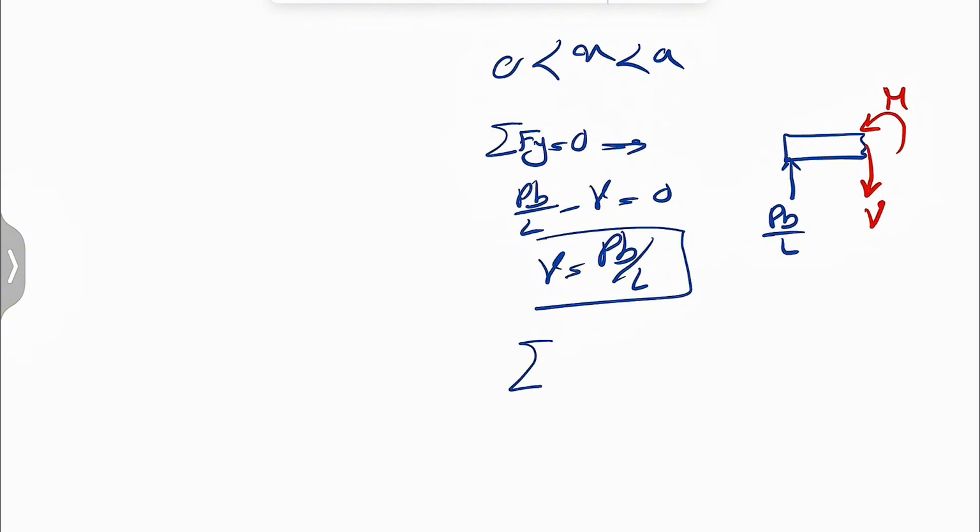And let's find our moment about this point. We can call it whatever we want. Maybe we can call it D, because we have ABC. Sometimes you call it J2, so it's up to you. It doesn't really matter. Finding the moment about that, we have the force Pb over L at a distance of x.